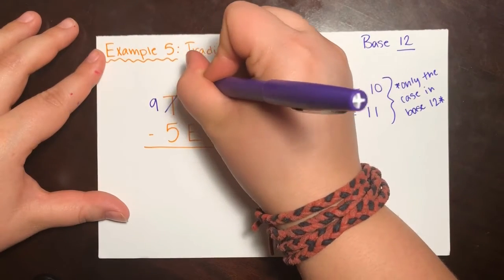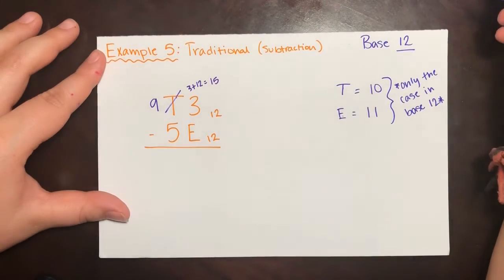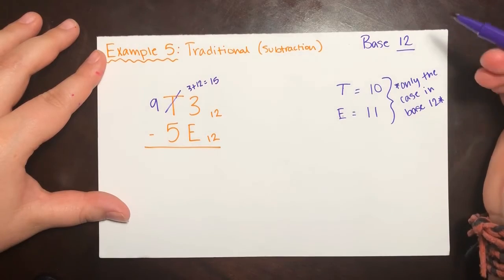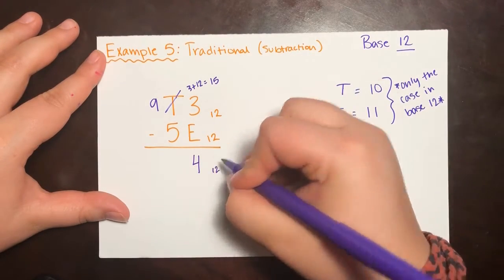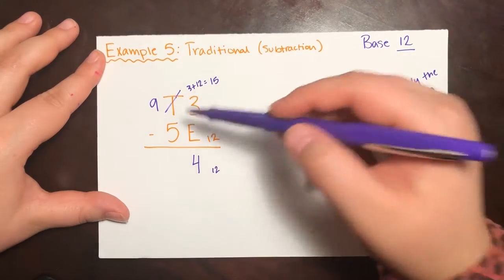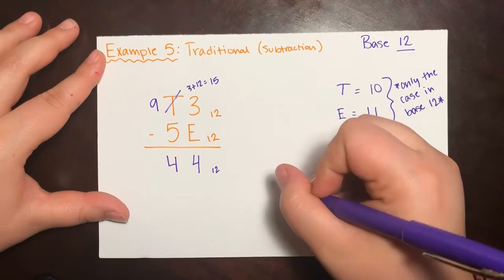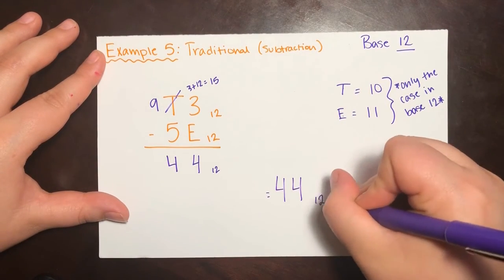So 3 plus 12 equals 15. So now we have 15 minus 11, that's going to give us 4. I'll write a little base down here. And then 9 minus 5 is going to give us another 4. So our answer then is 44 in base 12.